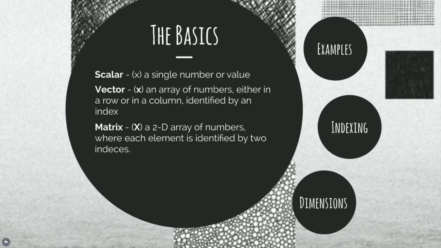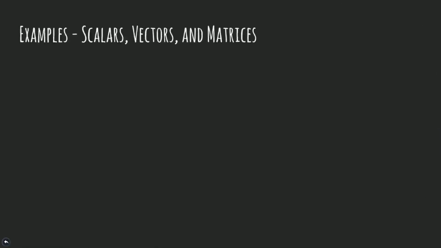And so you can see the trend here. A scalar kind of starts as, you could think about it as a single point perhaps, no dimensions. A vector gets one dimension, it's now an array, and then a matrix is going to have two dimensions. So let's look at some examples because it's a lot easier to see when you're actually looking at the numbers.